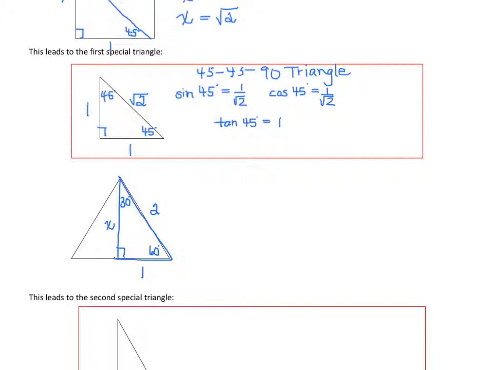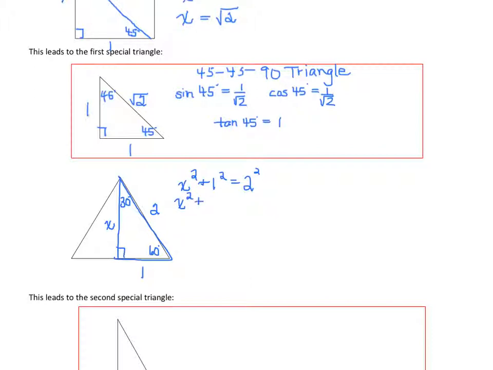Now once again I can apply the Pythagorean theorem to find the length of that side, remembering though in this case that the hypotenuse is actually given. So just be careful when you're applying the Pythagorean theorem to remember that it would actually be x squared plus 1 squared equals 2 squared.